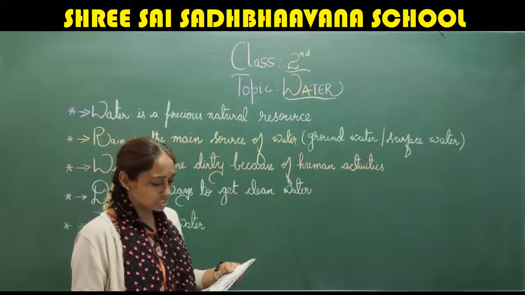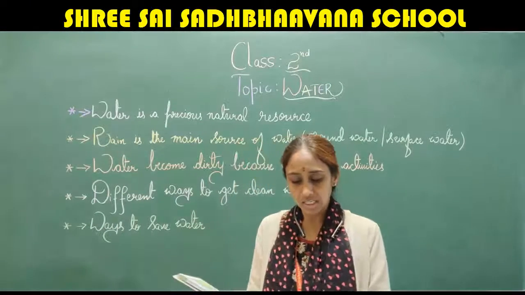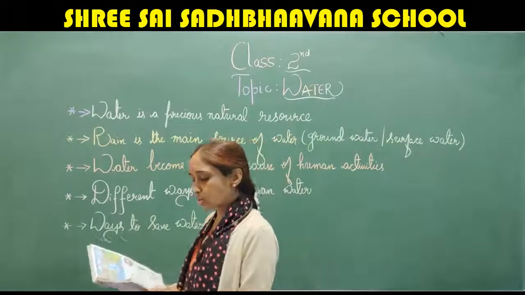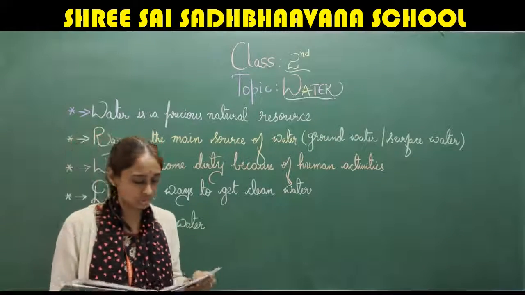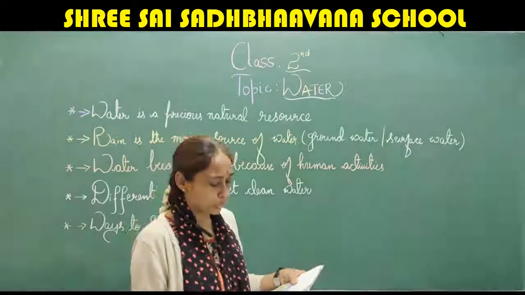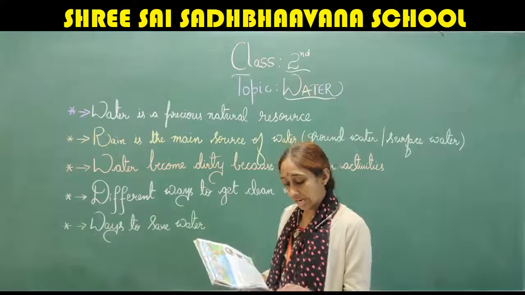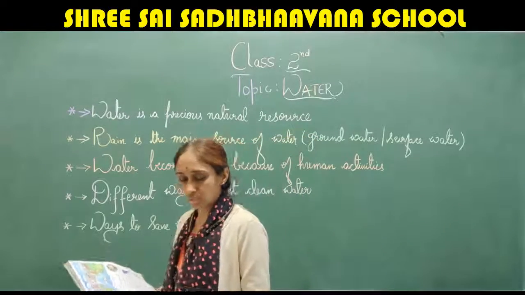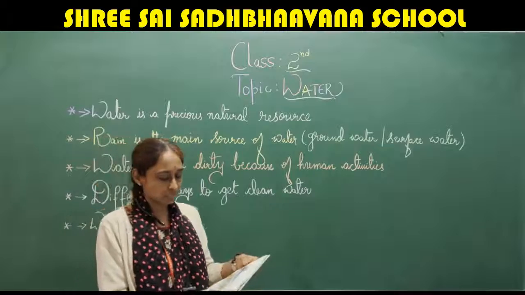When the snow melts, water flows down into rivers and streams. Some rainwater also goes into the ground. This is called groundwater. People dig wells and tube wells to get this water. A hand pump is also used to get this water.